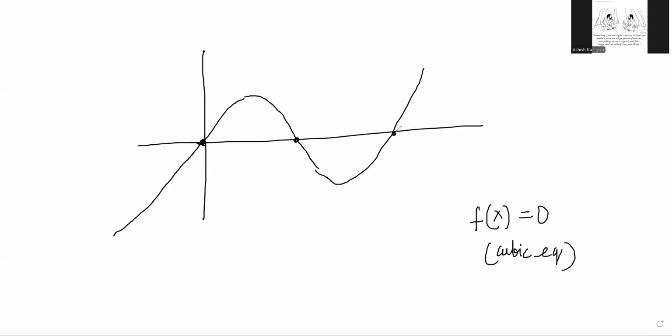It has three roots. Then between any two roots of the cubic, there will be a root of the derivative, right? Between any two roots. So you can say that अगर क्यूबिक को डिफरेंशिएट करेंगे तो एक क्वाड्रेटिक बनेगा.